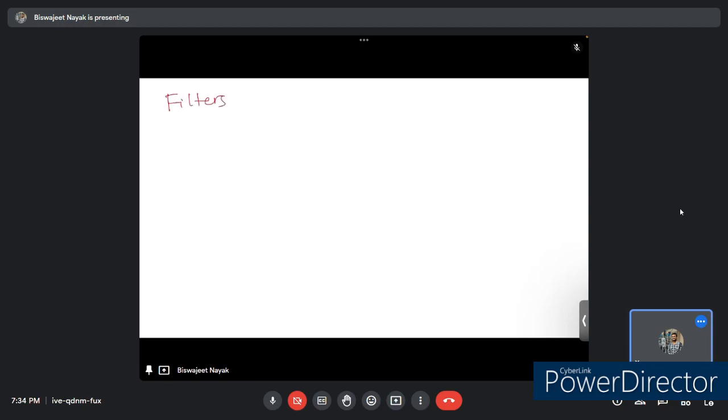There are three types of filters which mostly people use. Short pass, as the name suggests, only allows the shorter wavelength.